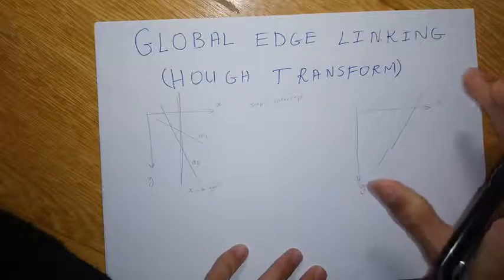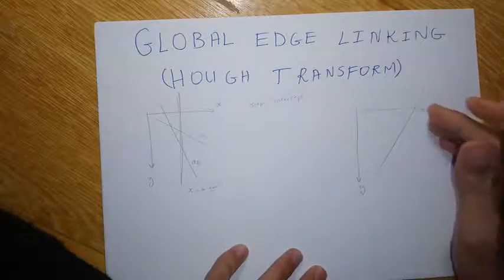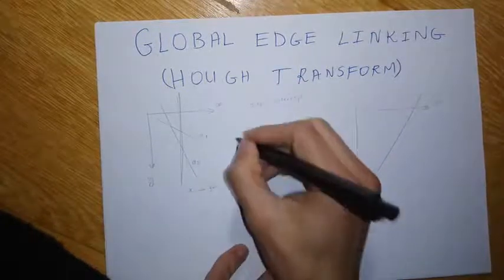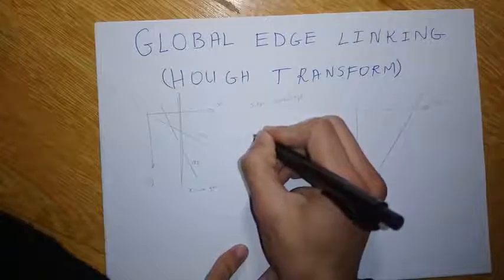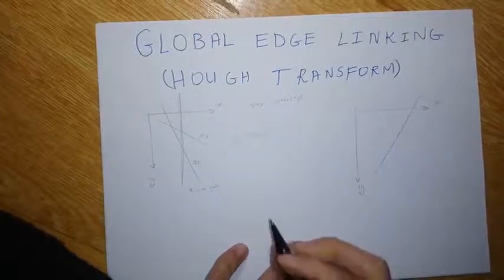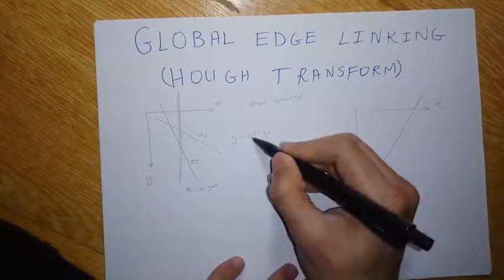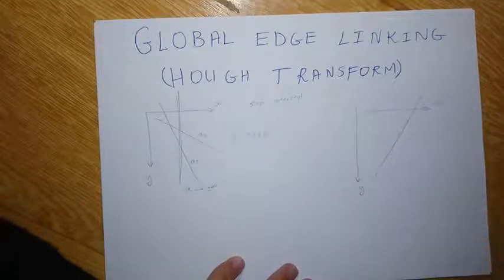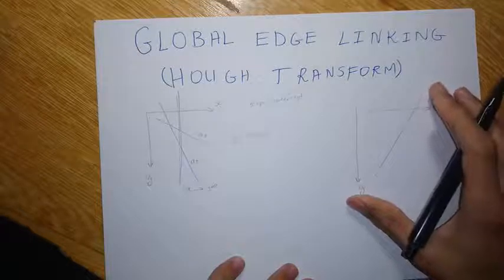There are of course two parameters, like in the previous representation. For that representation of the line, I have two parameters: the first is A, the slope, and the second is B, the intercept. So here in this case also I have two parameters.